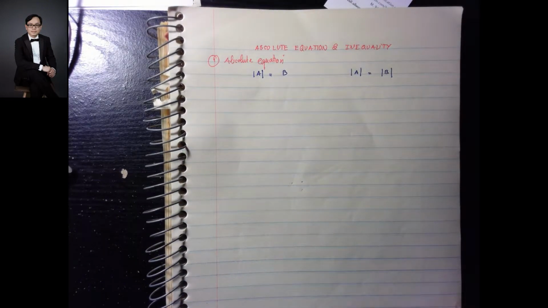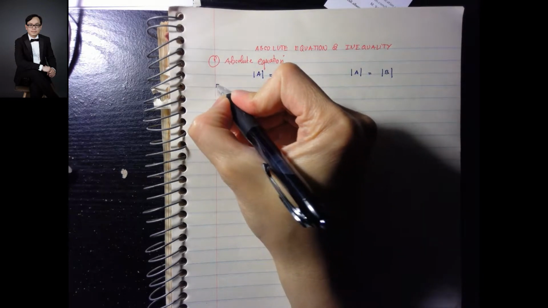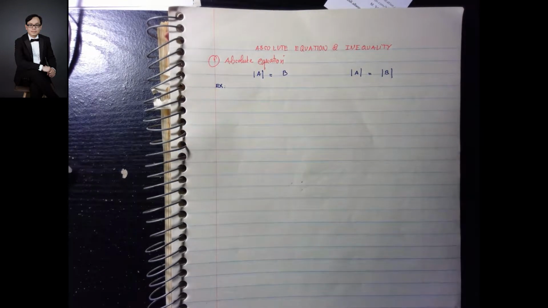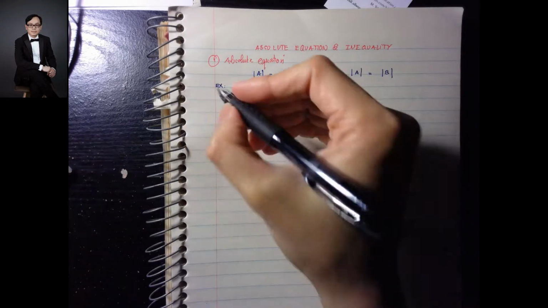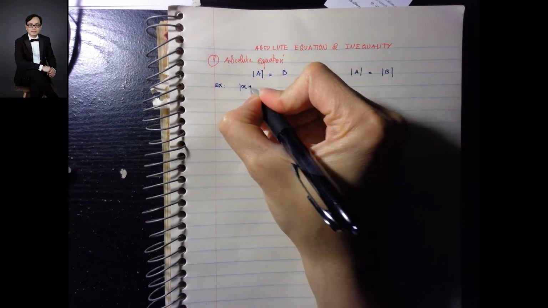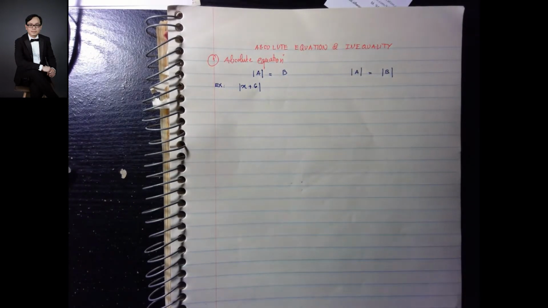Let's take a look at one example here. For example, I have absolute of x plus 6 equal 13.